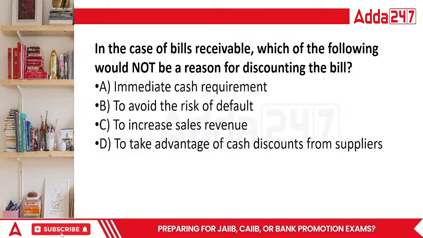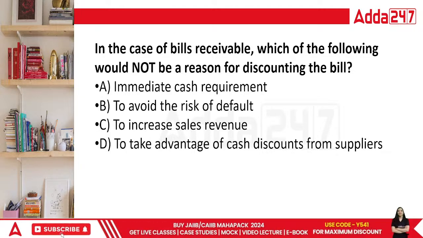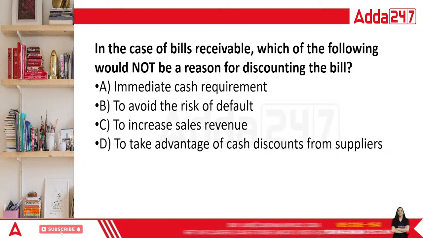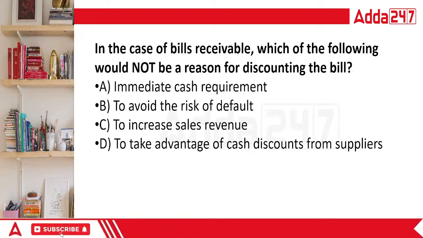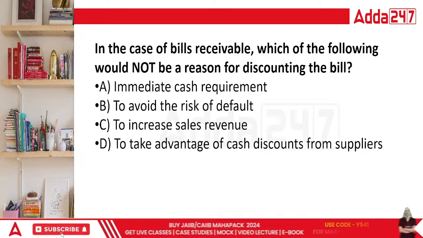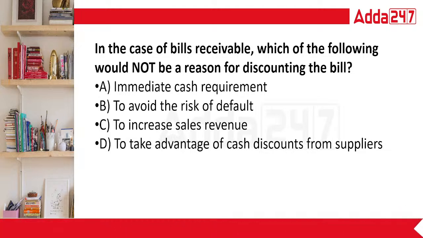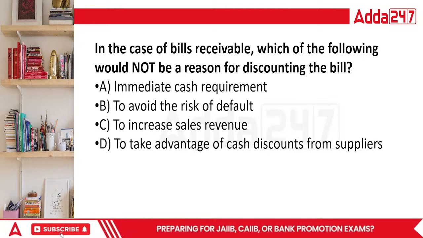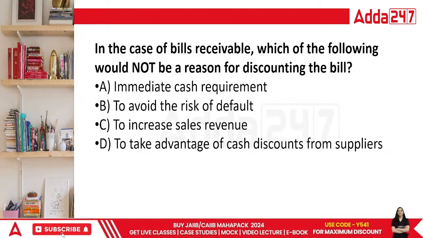In case of bills receivable, which of the following would not be the reason for discounting of a bill, everyone? Immediate cash requirement, to avoid the risk of default, to increase the sales revenue, or to take advantage of the cash discount from suppliers.